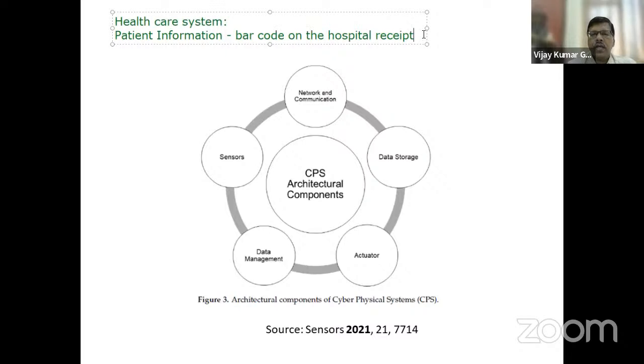It may be the name of the person, the age, some basic information of the patient, and it can be done, right? Instead of barcode, you can use some face recognition system or biometric.